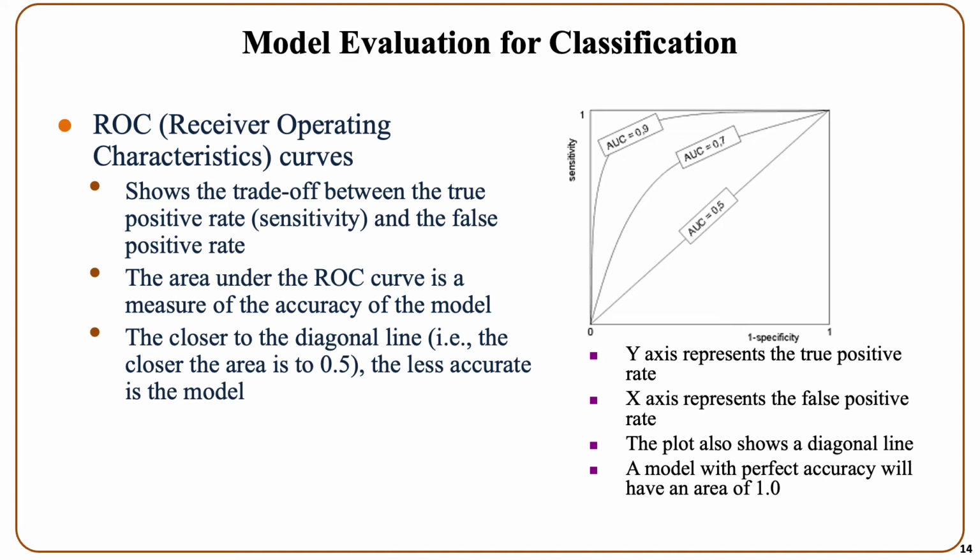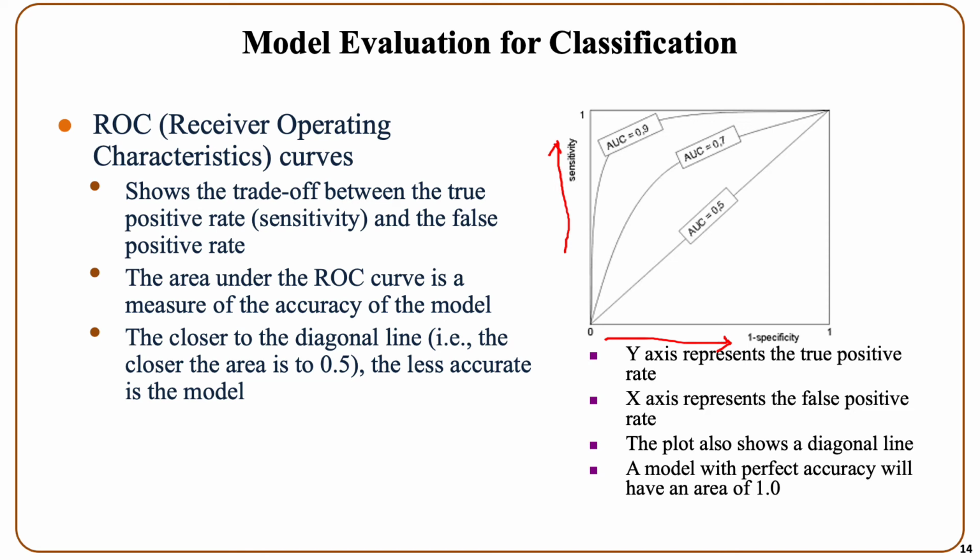The next measure is ROC, or receiver operating characteristic curves. It shows the trade-off between the true positive rate, or sensitivity, on the y-axis and the false positive rate on the x-axis. The area under the curve is a measure of the accuracy of the model.